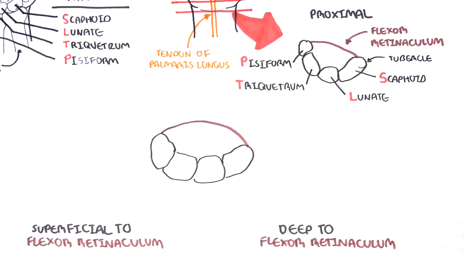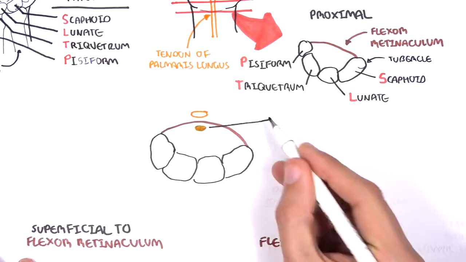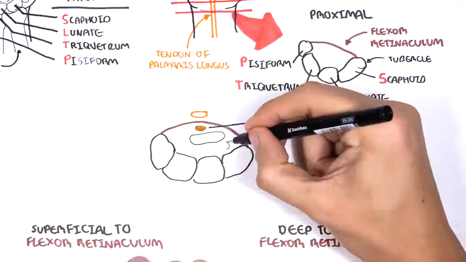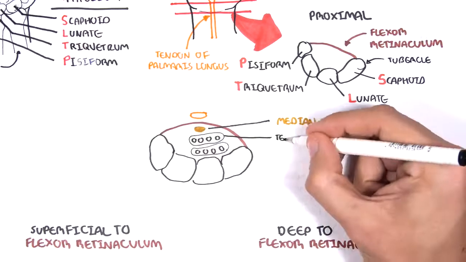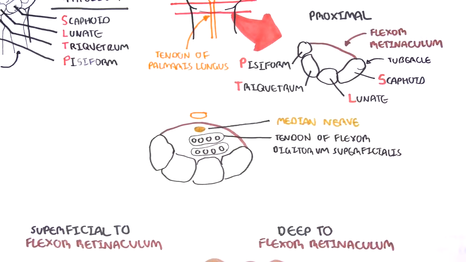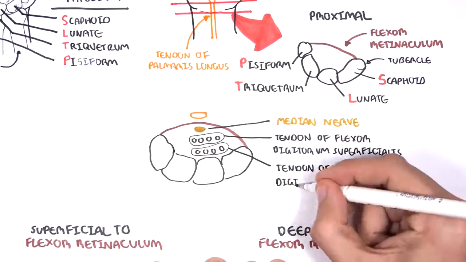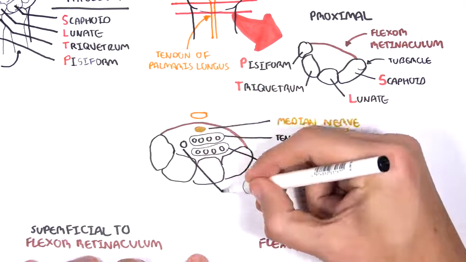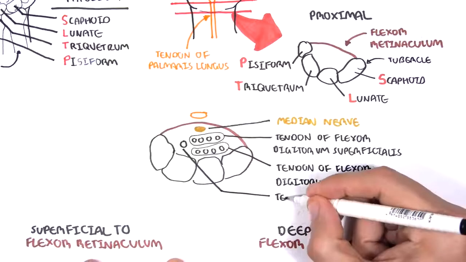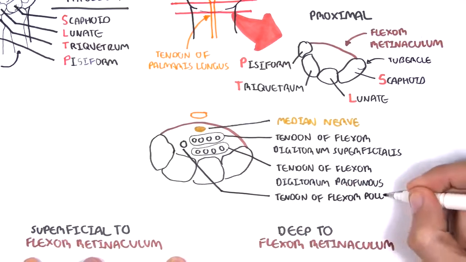It's easy to divide it into 4 things. 1, the median nerve. 2, the tendons of flexor digitorum superficialis. 3, the tendons of flexor digitorum profundus. And the 4th is the tendon of flexor pollicis longus, which goes to the thumb.